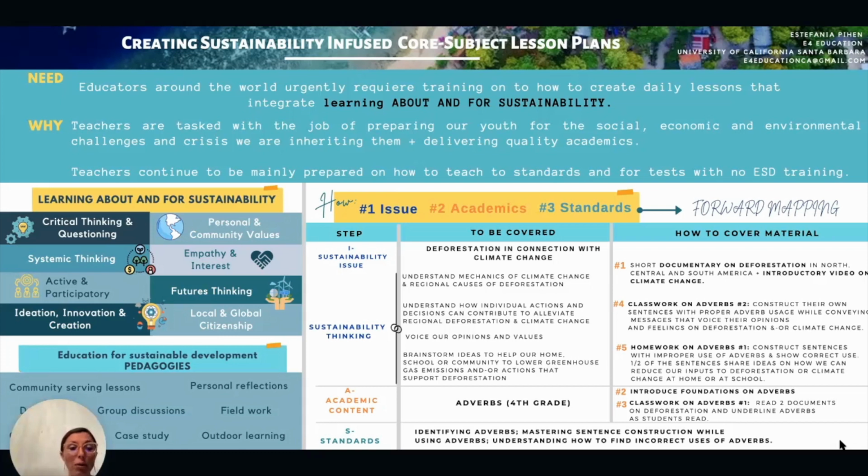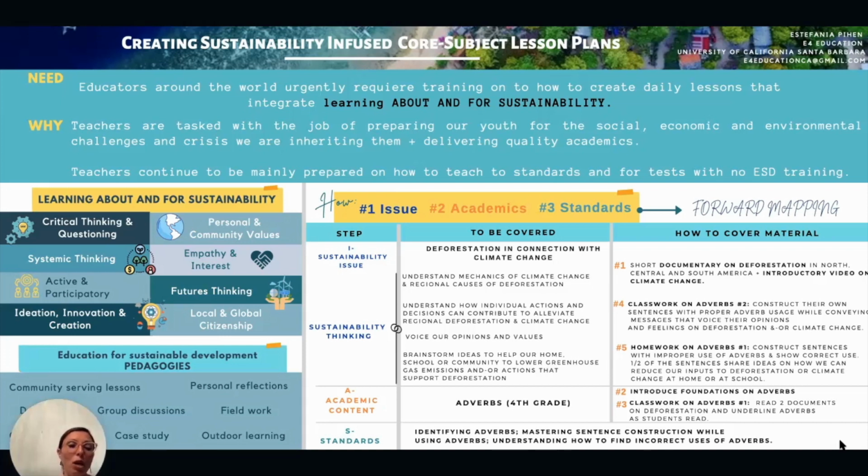Number one is critical thinking and questioning: delivering lesson plans and learning activities in which our students not only learn about the causes of a sustainability issue, but really analyze what should have been done differently in the past and what needs to be happening right now in the present.